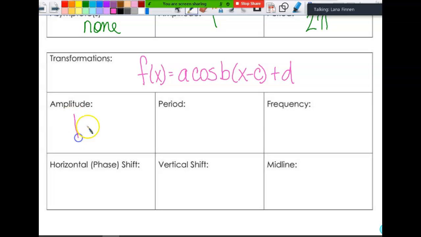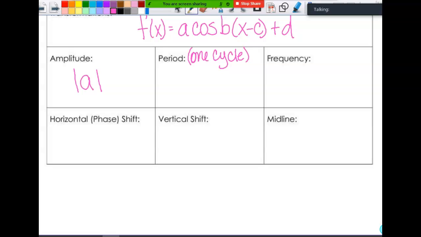So amplitude is still the absolute value of A. The period, that's still one cycle, and period will equal 2 pi divided by the absolute value of B. The frequency is the absolute value of B. Therefore, the absolute value of B will equal 2 pi divided by the period.